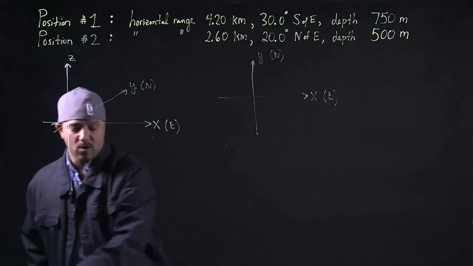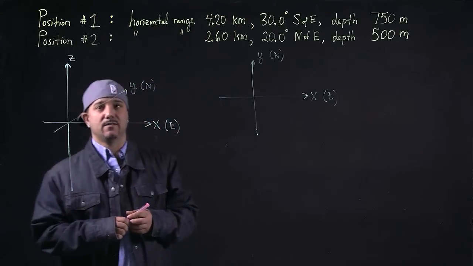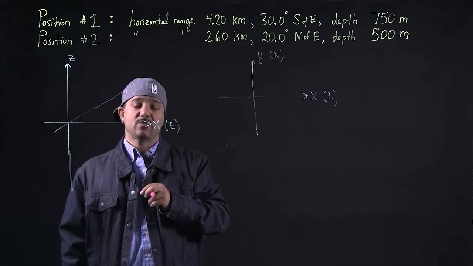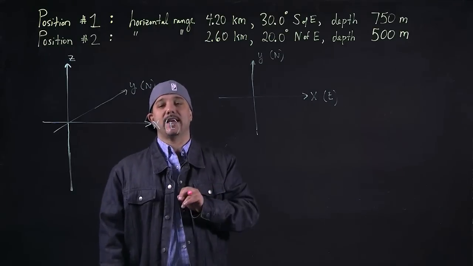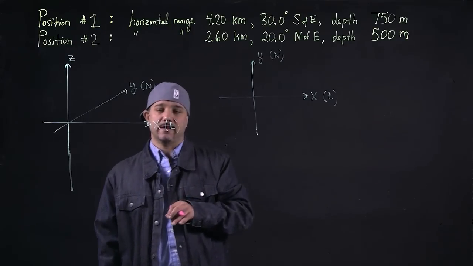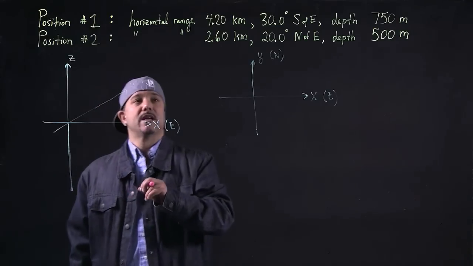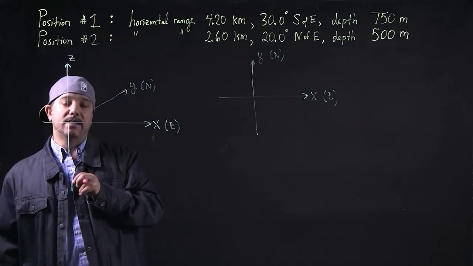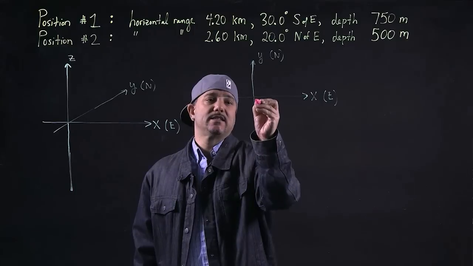Okay, so let's make a quick sketch of the position of whale number 1. 4.20 kilometers is the horizontal range. Horizontal in this case doesn't mean along the x-axis; it means in the xy plane. And so we have 30 degrees south of east. So let's first go to this diagram. Here's north, here's east.